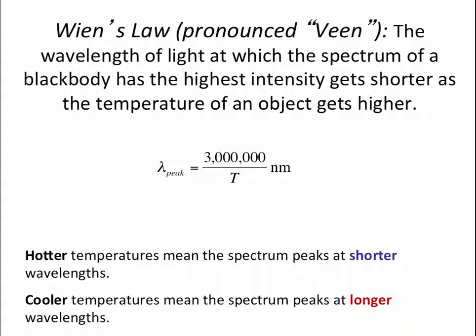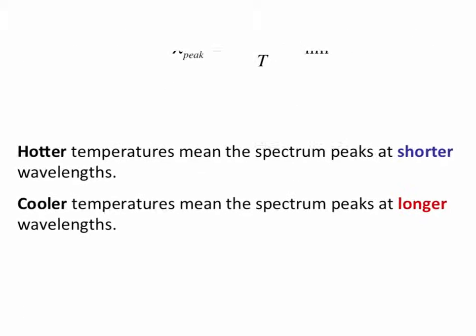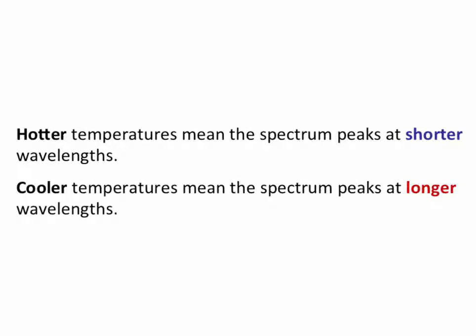Before we go on to talk about the Hertzsprung-Russell diagram, I want to remind you of a couple things we talked about a few chapters ago, and which several of you struggled with because it's a hard concept. That dealt with black body radiation. The first thing we talked about was Wien's law. Forgetting about this equation, let's just focus on the bullet points at the bottom. If you have something that's glowing because it's hot, the hotter it is, the shorter the wavelength at which the spectrum will peak.